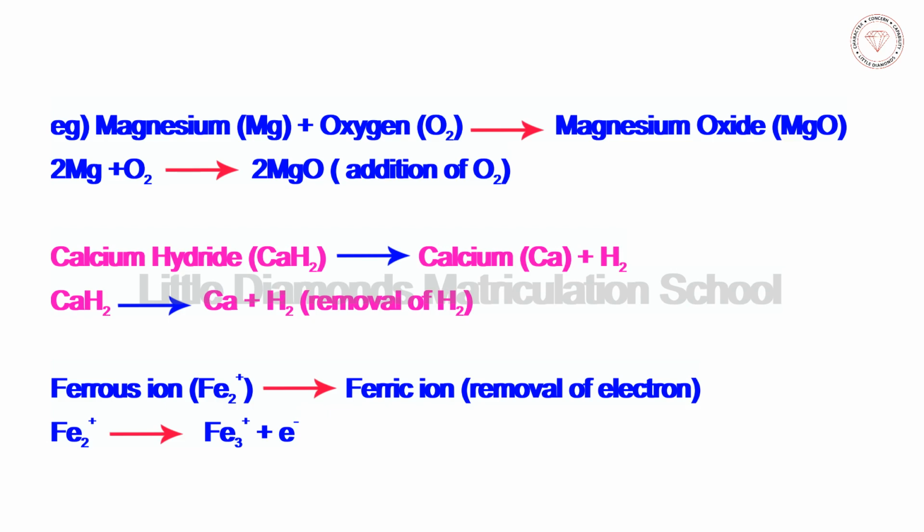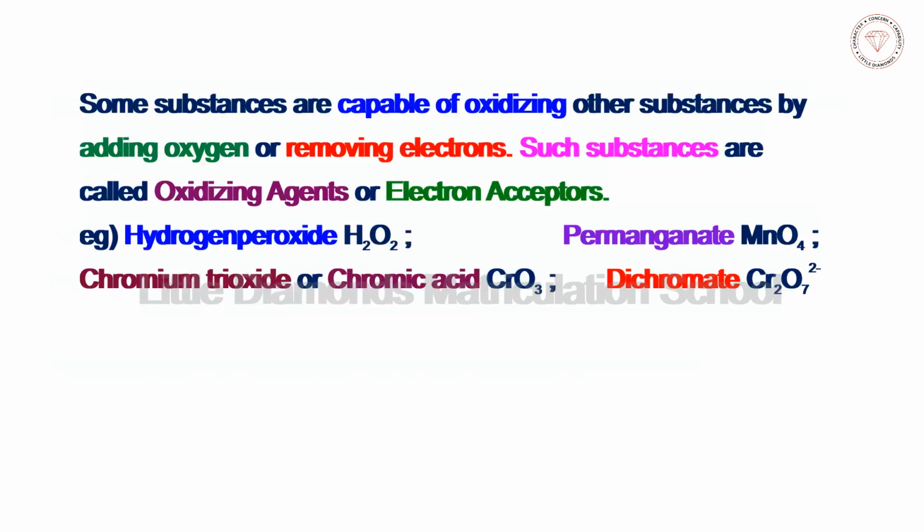Ferrous ion Fe2+ oxidizes to Fe3+ ferric ion and an electron is given out. Here a removal of electron takes place. So it is an oxidation reaction. Some substances are capable of oxidizing other substances by adding oxygen or removing electrons.